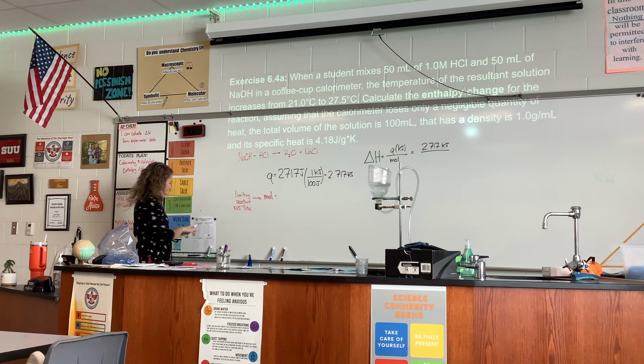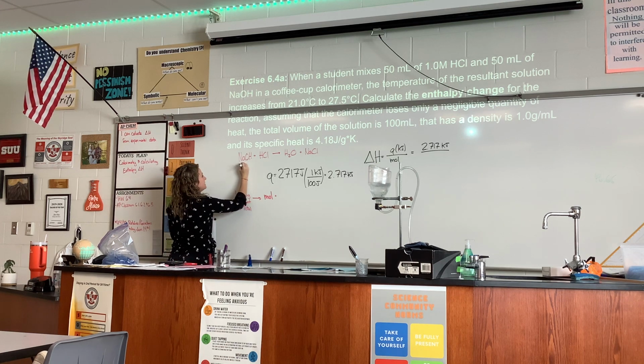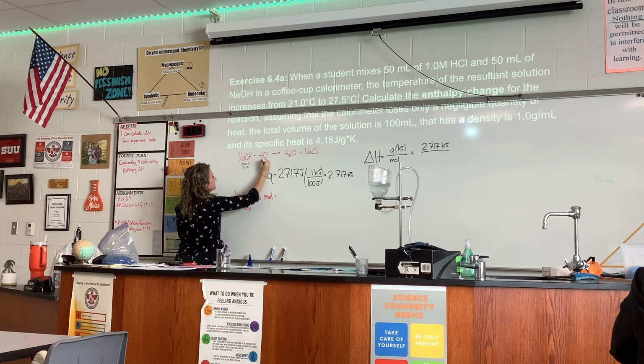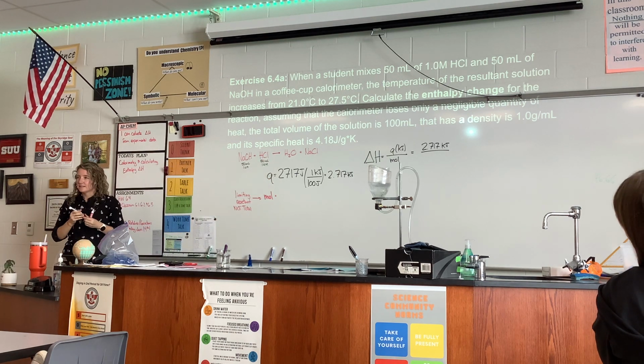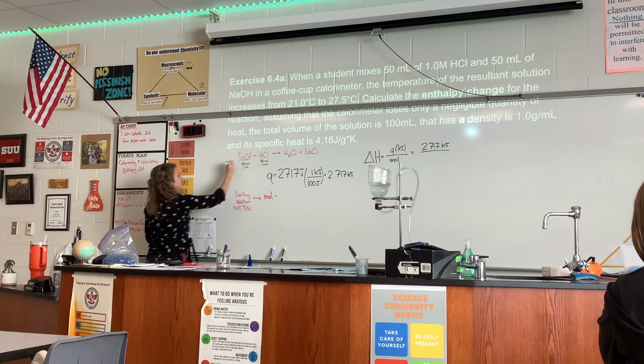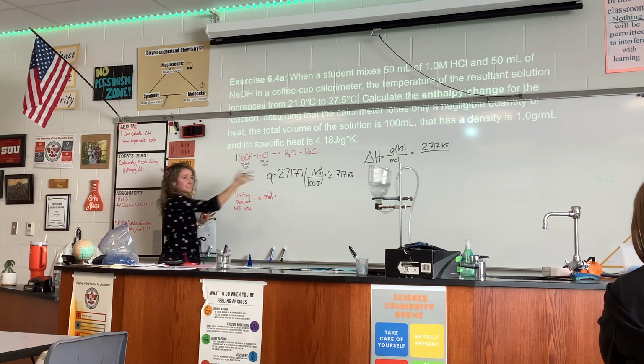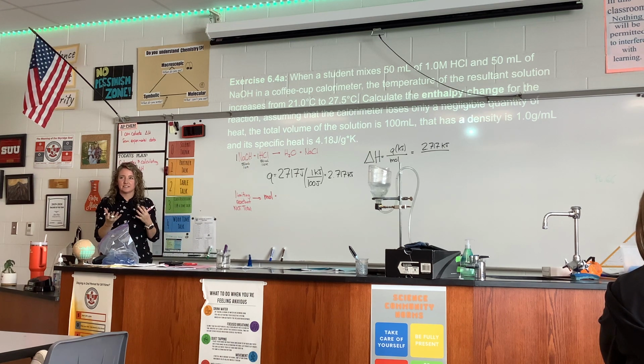Since I have the same of both of these, 50 mL of a 1 molar and 50 mL of a 1 molar, and the balanced equation is 1 to 1, neither are technically limiting because they're both going to run out at the same time. So I can just use one of them because it's going to be the same.